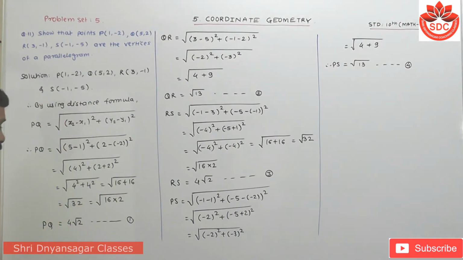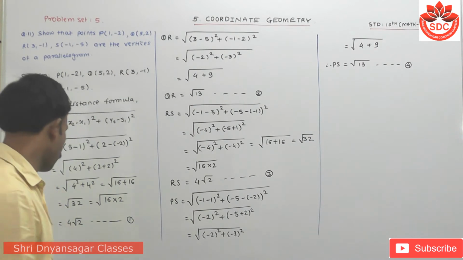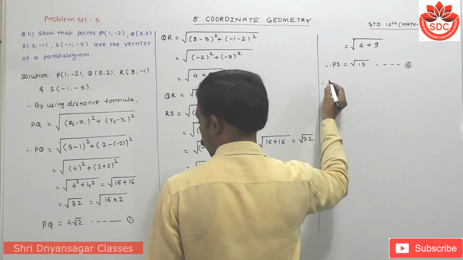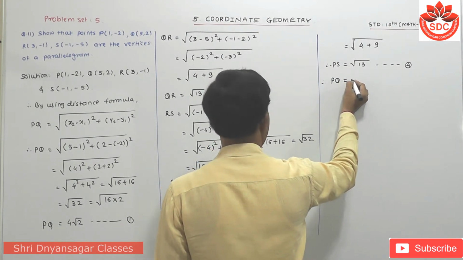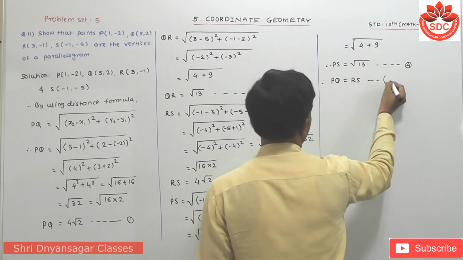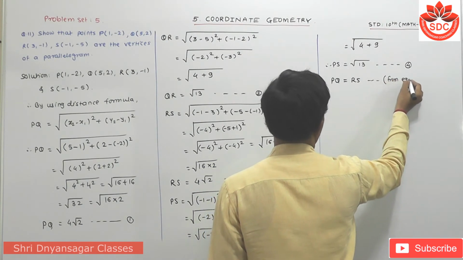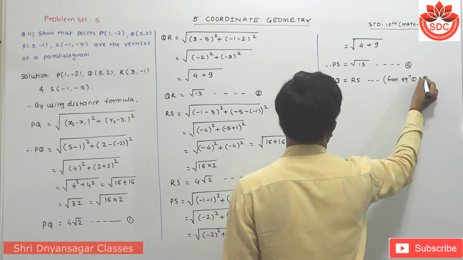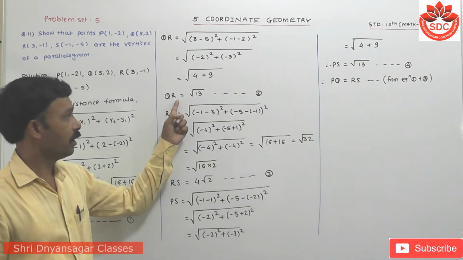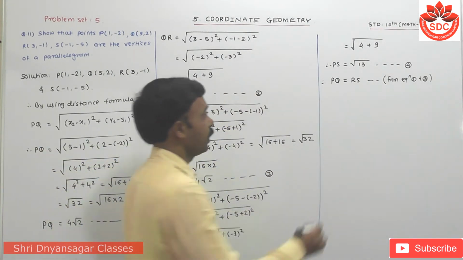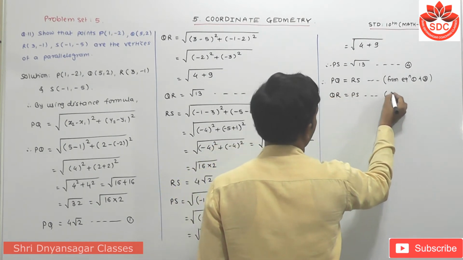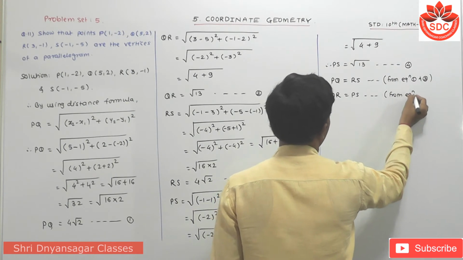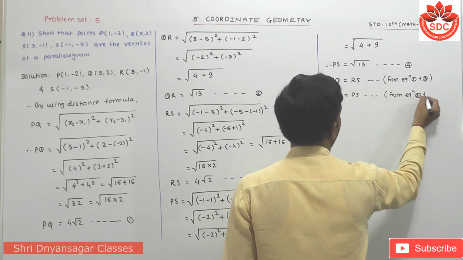Observe carefully, student: equation first is 4 root 2, equation third is 4 root 2. So from equations first and third I have to write here PQ is equal to RS. Then observe second and fourth, root of 13, which means QR is equal to PS from equations second and fourth.